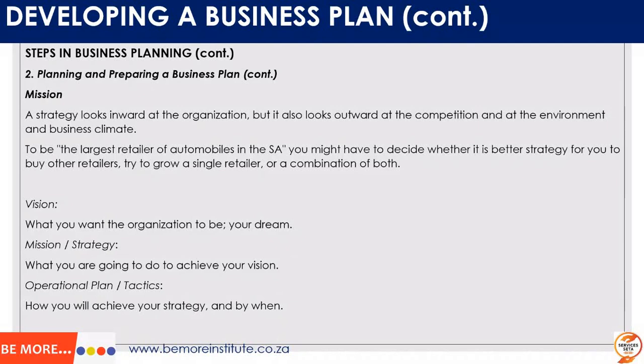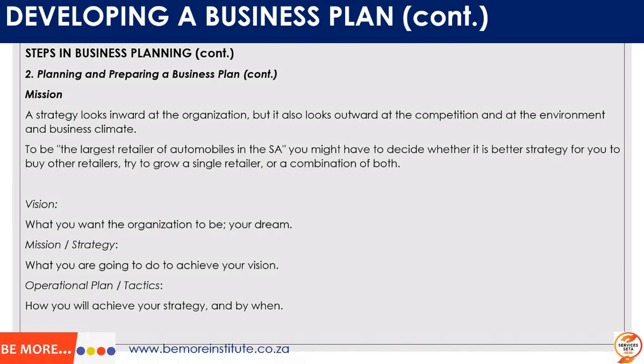So when you say mission now, you're looking inward, and you're asking mostly, what am I supposed to do? As much as I said I want to be the biggest, whatever, I take all that into consideration and say, what am I supposed to do to actually achieve my vision?